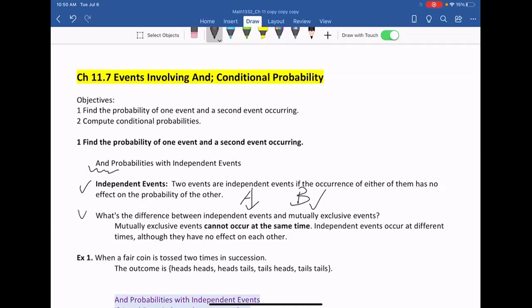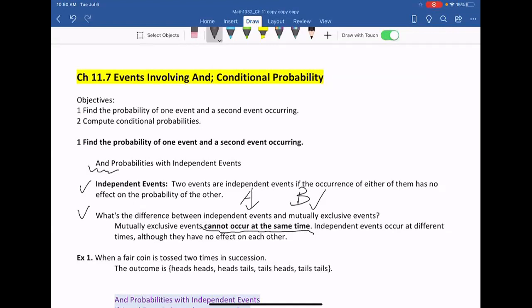Okay. What's the difference between independent events and mutually exclusive events? We learned mutually exclusive events before. That means the events cannot occur at the same time. You just have one time to do something, and the two events cannot occur at the same time.